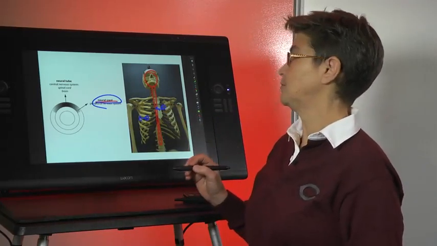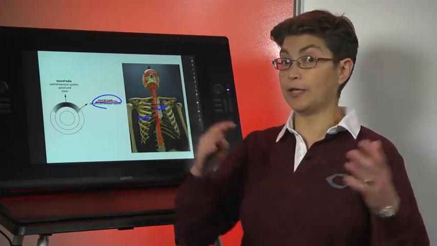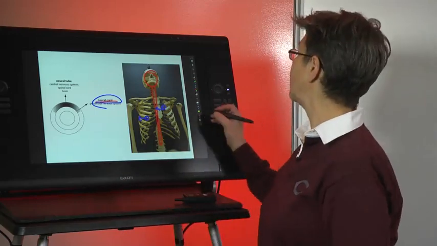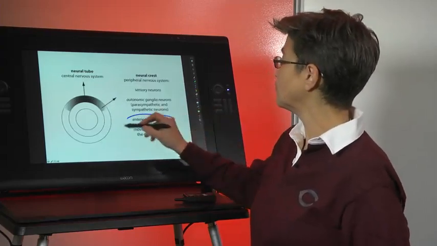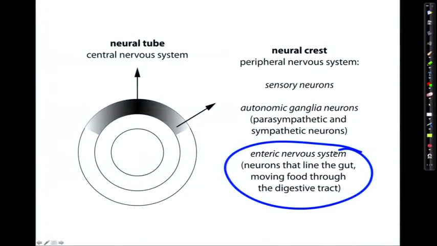And the third piece of the peripheral nervous system is called the enteric nervous system. We're going to look at that in the next slide. So the enteric nervous system actually lines the gut from the esophagus all the way down through the colon.